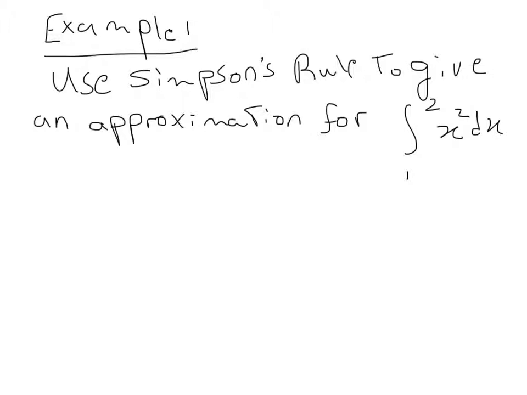We'll start with this simple example using Simpson's rule to give the approximation of the integral from 1 to 2 of x squared dx. Now, applying the formula, to us a is 1, b is 2.